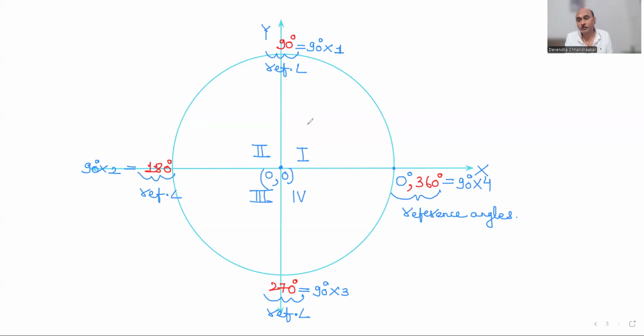Now we have some more angles here, which will occur very frequently in trigonometry.